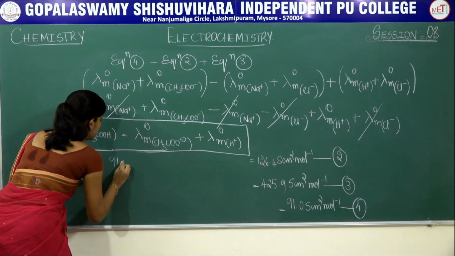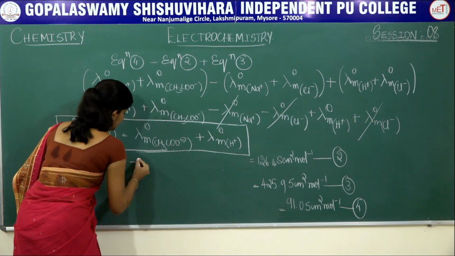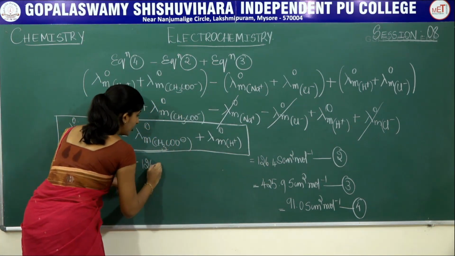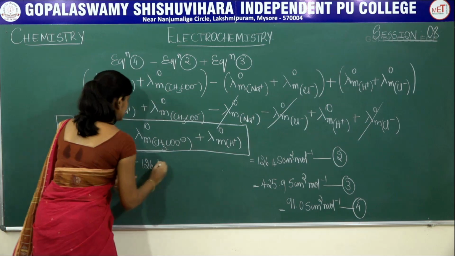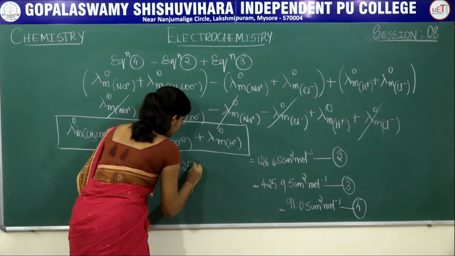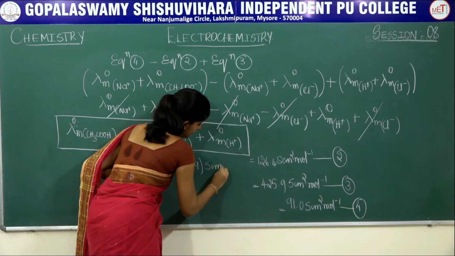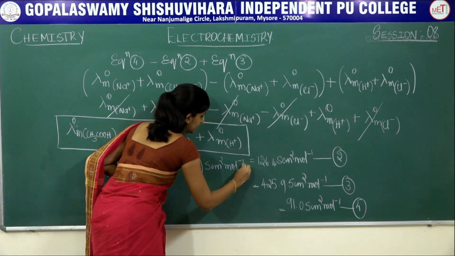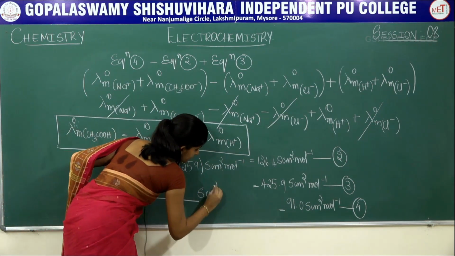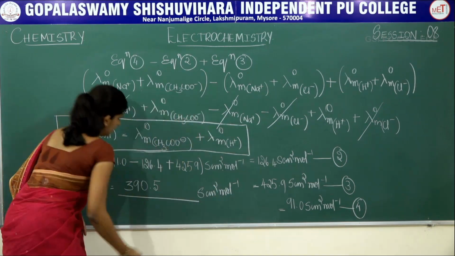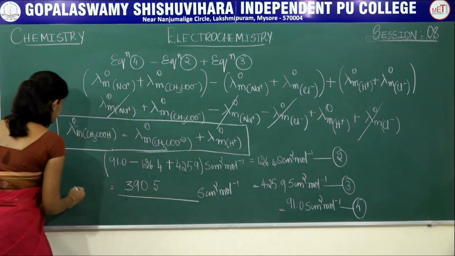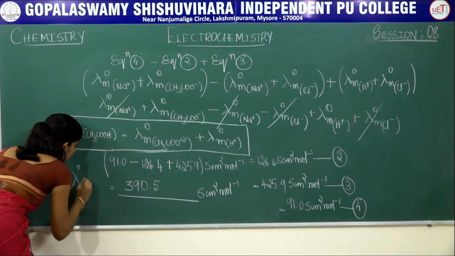So 91.0 minus equation 2 is 126.4 plus equation 3 is 425.9 Siemens centimeter square per mole. This will be equal to 390.5 Siemens centimeter square per mole. This will be the lambda m naught of acetic acid.